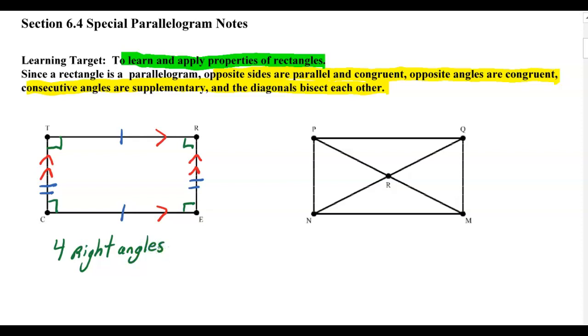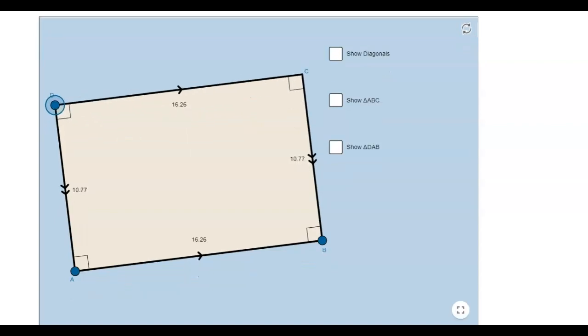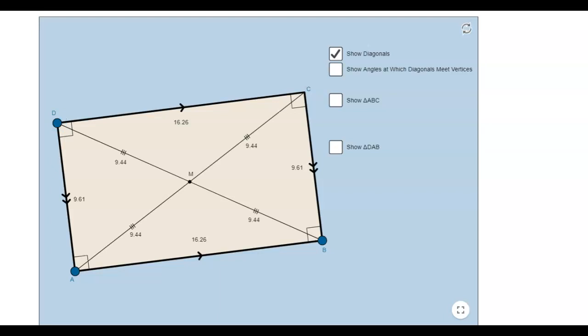The second property, in addition to the diagonals bisecting each other, so I'm putting the green and the red marks, I'm going to use this computer applet to show you. Here we see all the angles are right angles. If I show the diagonals, you can see that the diagonals not only bisect each other, but all 4 pieces are equal.